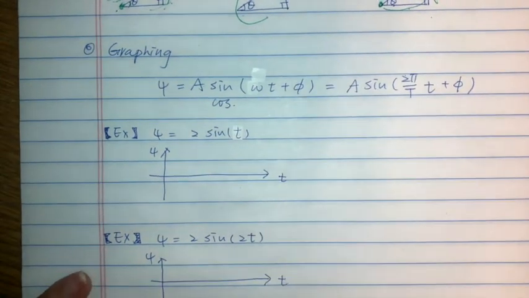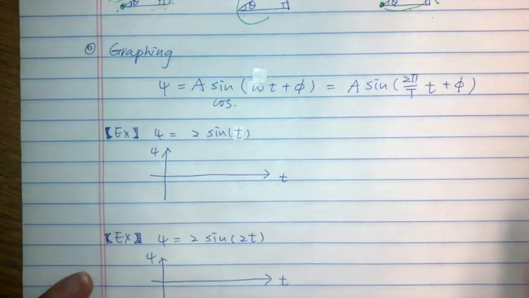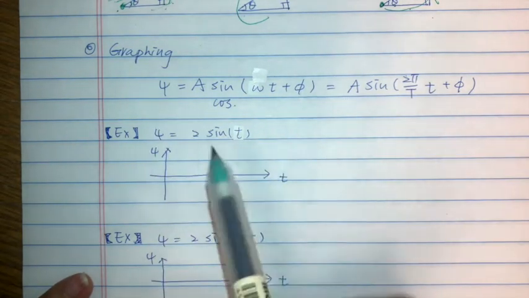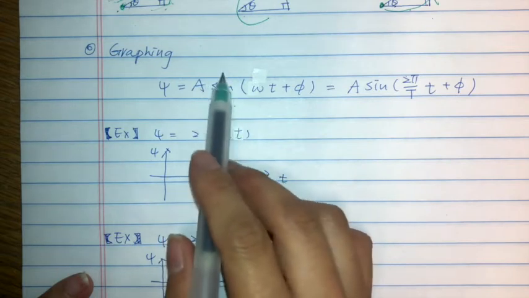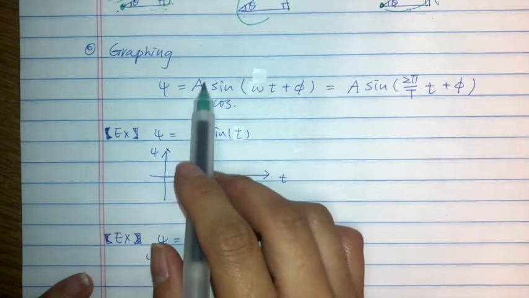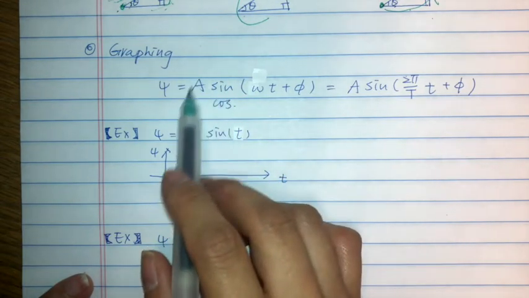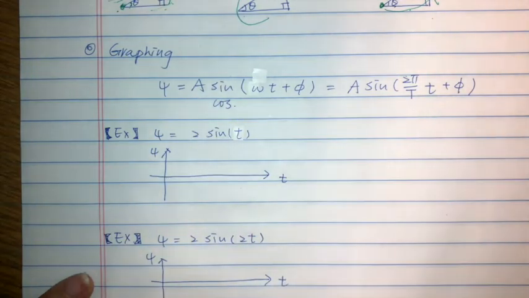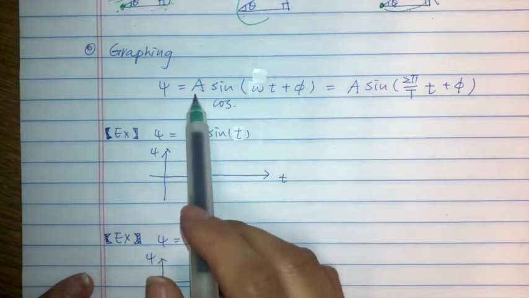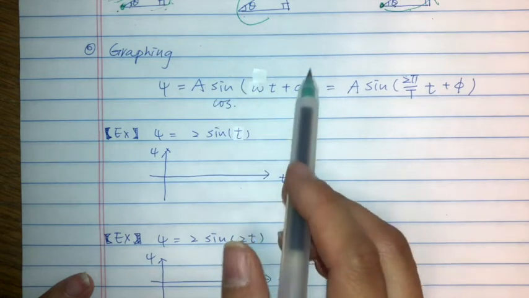So a general sine function will look like this. It's going to be sine, but in front of sine you could have some number. And inside of this bracket, it's not always theta. It's not always the angle.